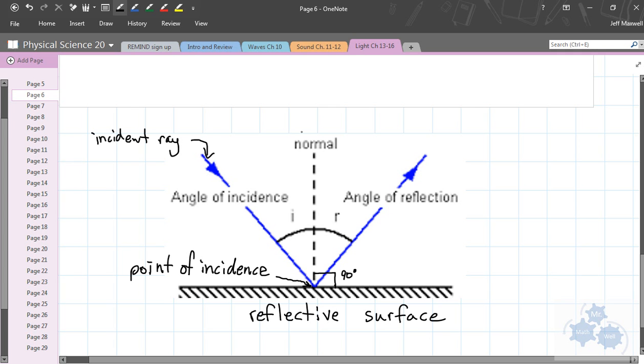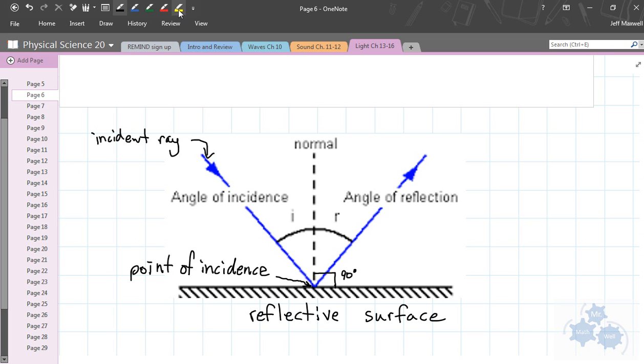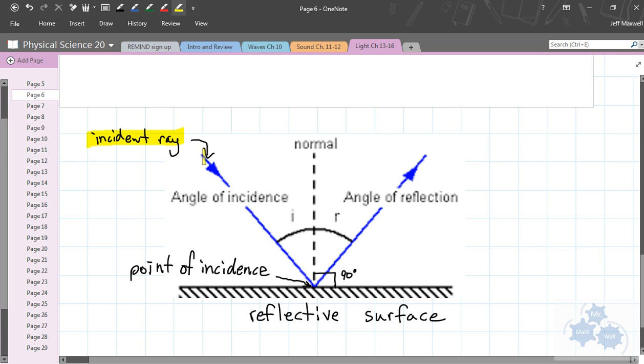So if we're considering one ray of light, we can talk about the characteristics of the reflection of light, and all of these terms are going to be important. This is the incident ray, a single ray of light that hits a reflective surface.